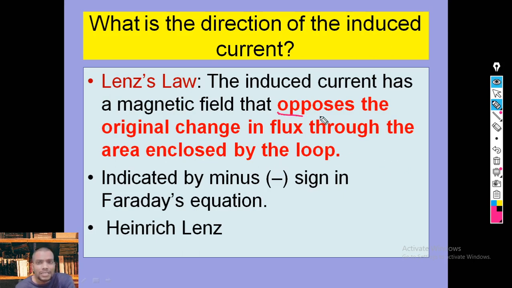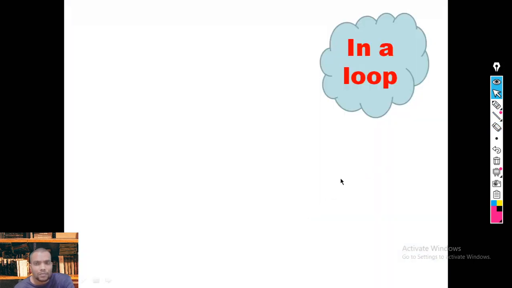The opposing nature is what we represent with the negative sign in Faraday's equation. This law is given by Lenz. So let us try to apply that.